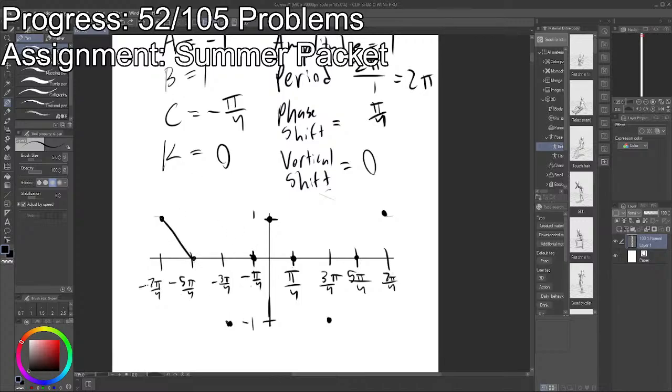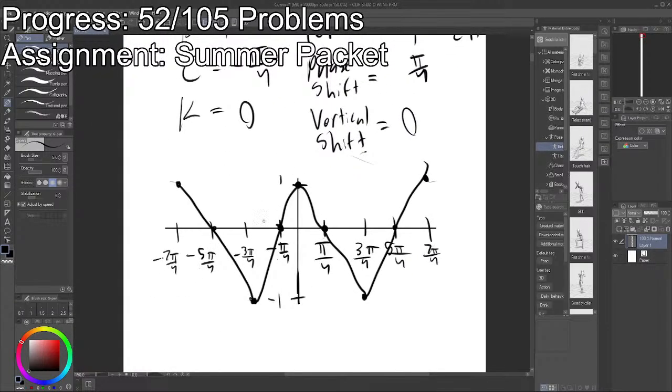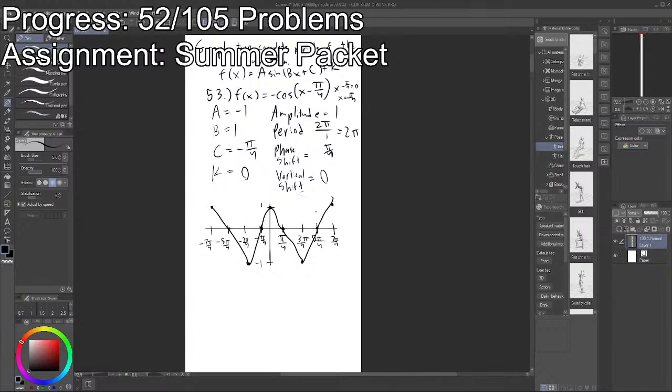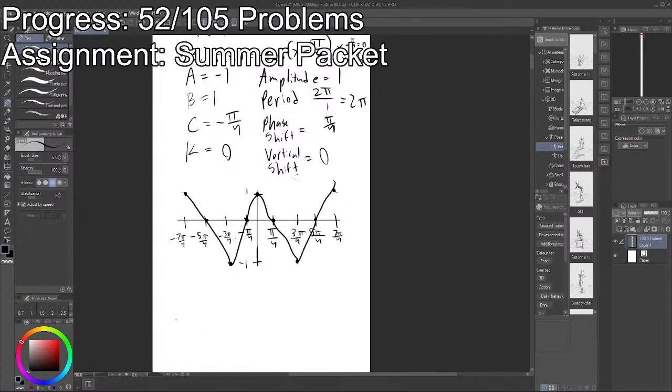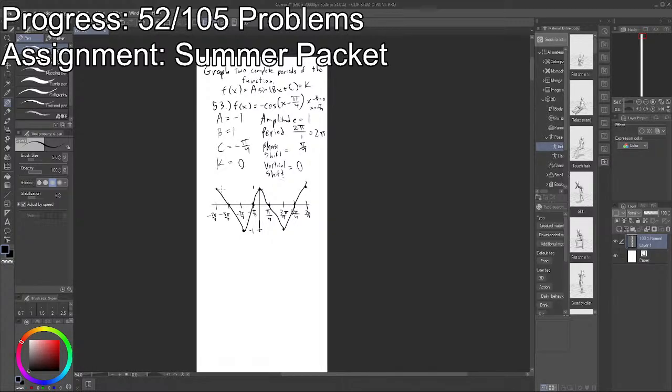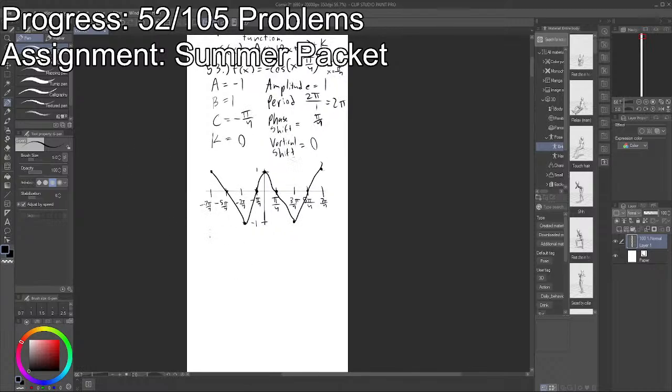Alright, this is gonna be terrible, but alright, that's a goofy graph. Does that look like his? Kinda. Yeah, his is a little better. It's fine then. Is that all we had to do? It says graph 2 complete periods, so it's good enough for me.